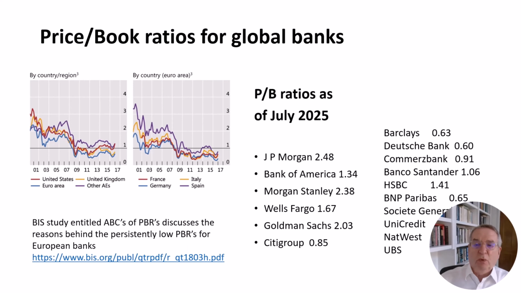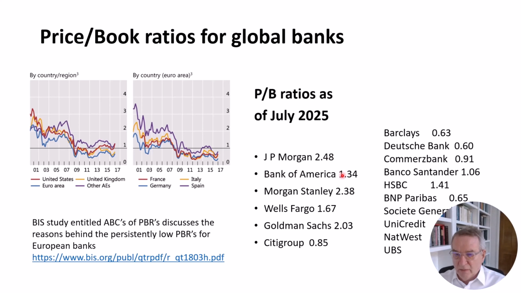What I did here, over on the right, was take some price to book ratios as of July 2025 for these big American banks and also European banks. I apologize for the fact that my face is obscuring some of these. I know roughly what these were, but as of July 25, we can see JP Morgan has a price to book of 2.48. Historically this is very high.